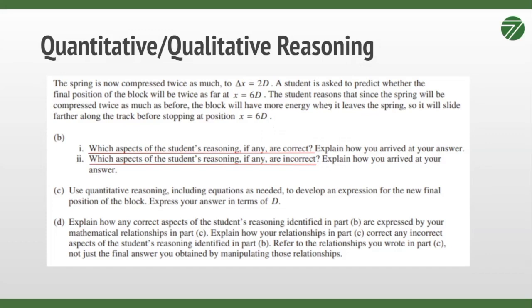The student reasons that since the spring will be compressed twice as much as before, the block will have more energy when it leaves the spring, so it will slide farther along the track before stopping at position 6D. You would say the student is correct that compressing it further would give it more energy, and therefore it's going to travel further.